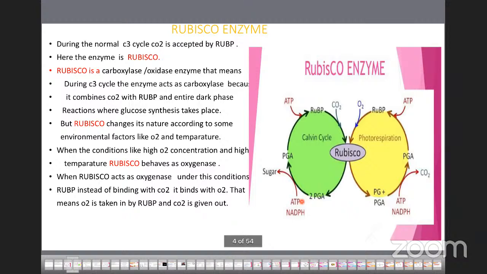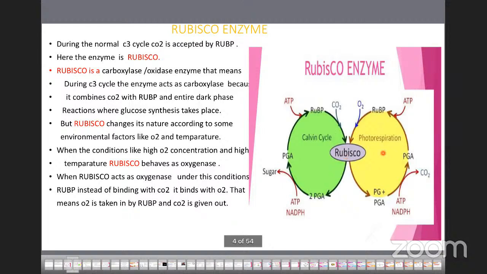So here oxygen comes out as a byproduct, and CO2 definitely binds with RuBP. This is a normal process in the Calvin cycle in the presence of the Rubisco enzyme.